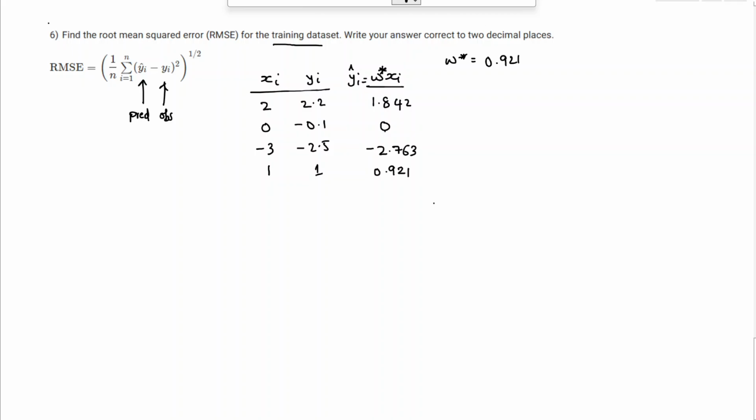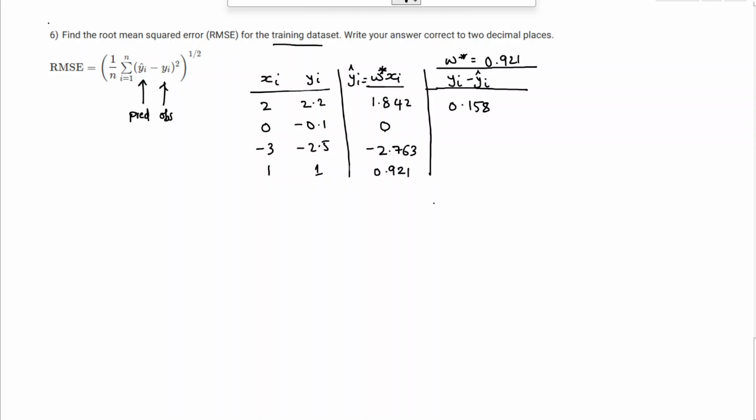Now what we need to do is compute the difference between yi and yi hat. That would be 2 minus 1.842, which is 0.158.